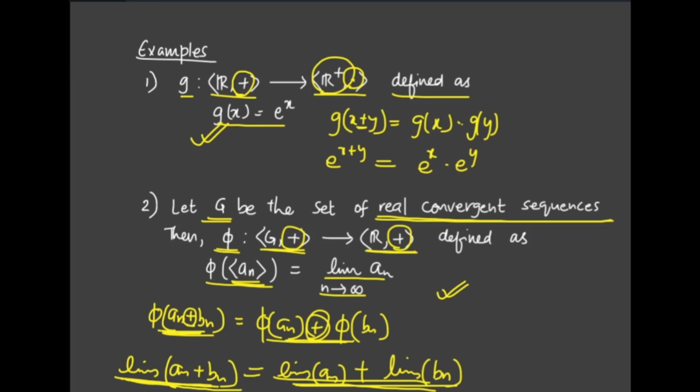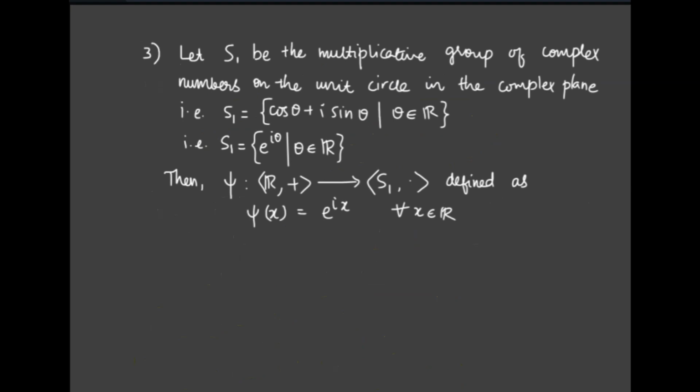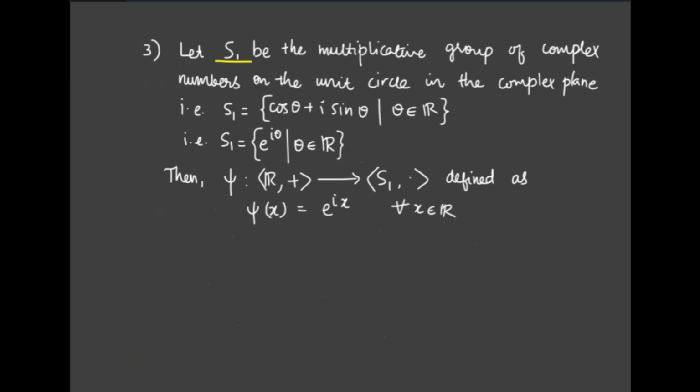Another example. Let S1 be the multiplicative group of complex numbers on the unit circle in the complex plane. So it's a unit circle, so it is cos theta plus i sin theta, or it can also be written as e to the i theta, right? Tell me in the comments if you understand why it is e to the i theta. So then this function xi is defined from R plus to S1 with dot, where S1 is this group, defined as xi of x equals e to the ix, and we are asked to show that this is a group homomorphism.